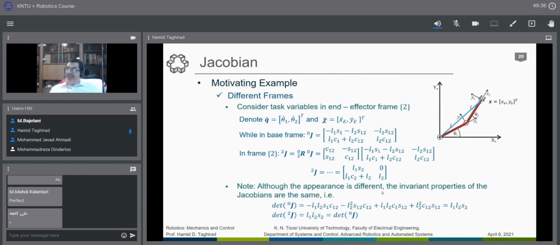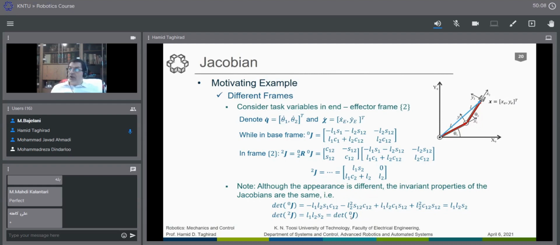This representation will provide us with much simpler manipulation or calculation of the determinant. And you know that the determinant has a physical meaning for a map. If you have a matrix map, changing a vector to another vector, the determinant somehow shows how we are enlarging, what is the gain of the system or the norm of this mapping.